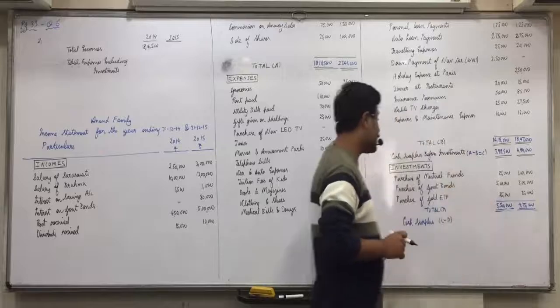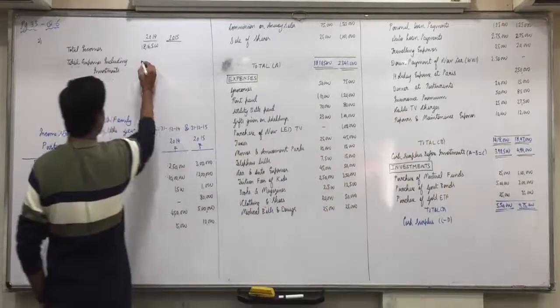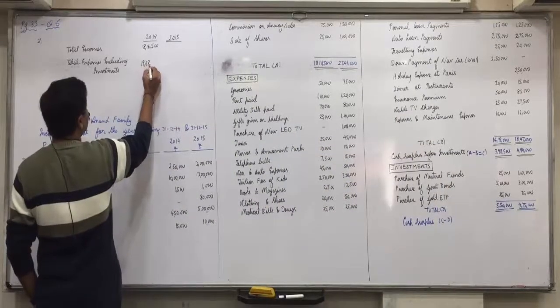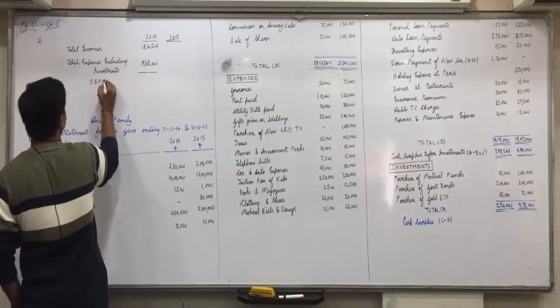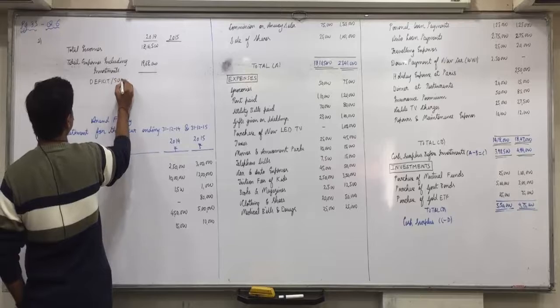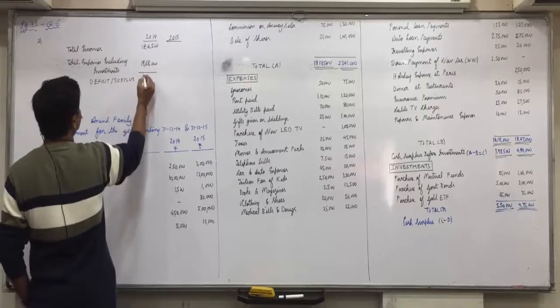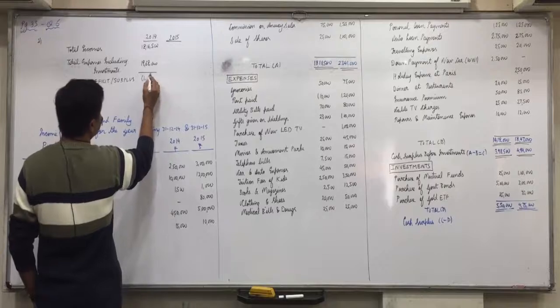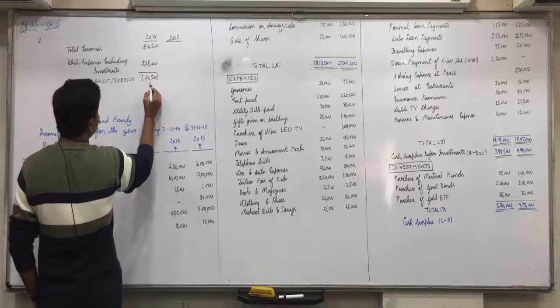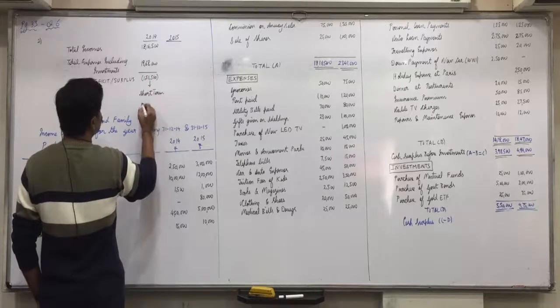So 19,68,000 are total expenses including investments. What is the deficit or surplus? Here a deficit of minus 1,51,500. This will result in short-term borrowings.